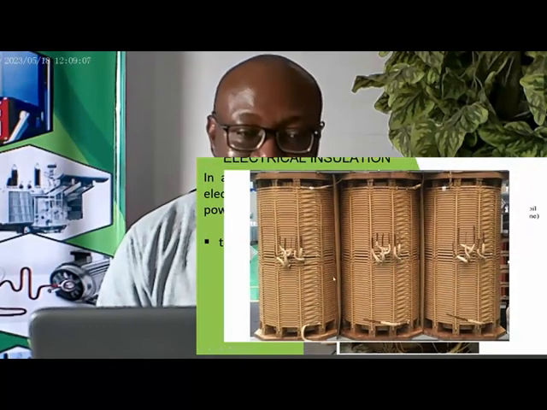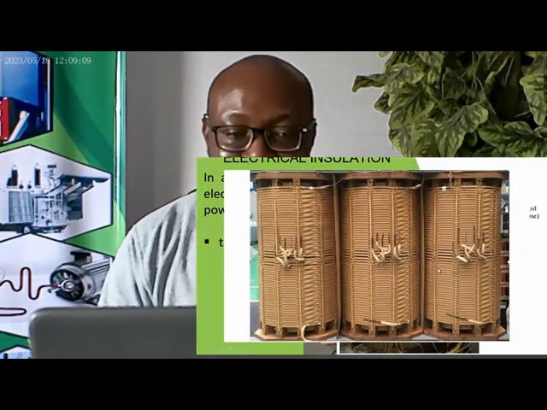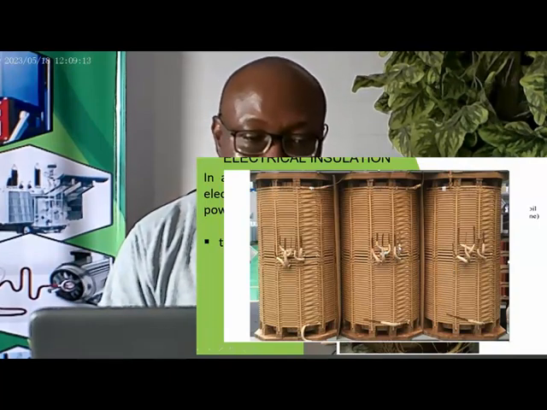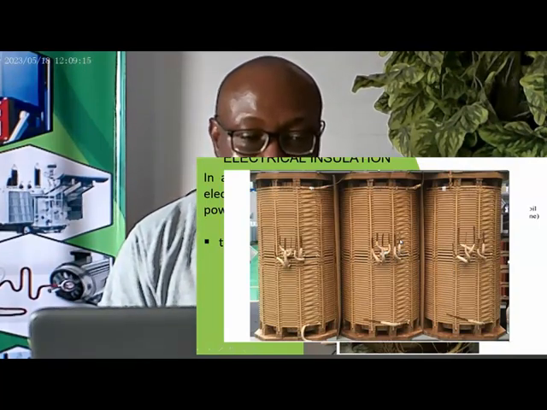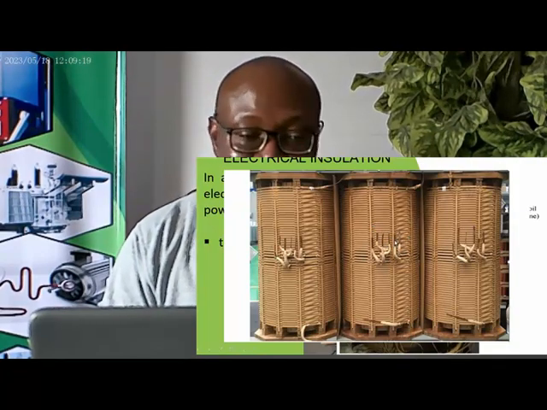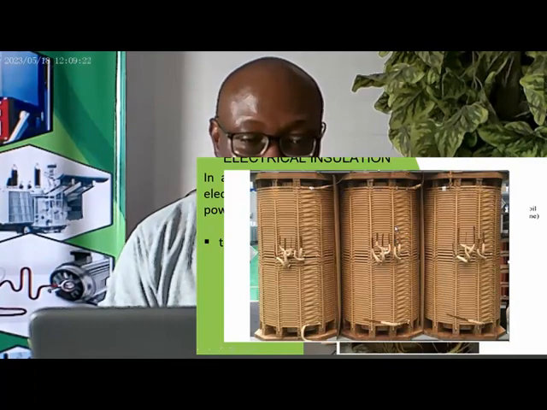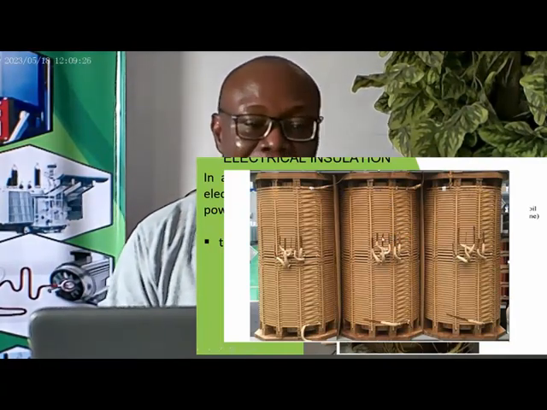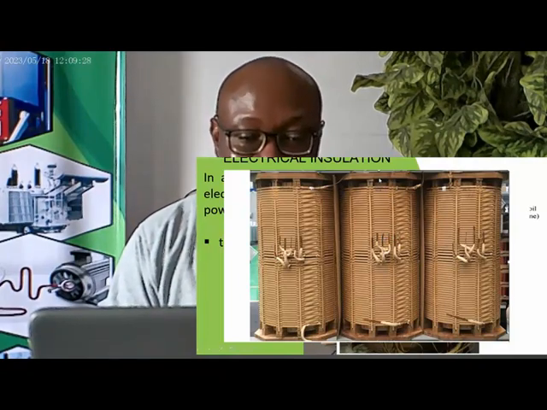So this is the wound transformer windings finally. You see the primary winding and the secondary winding; remember from what we saw, they do not have interaction. So when you test the insulation between these two, you expect it to be very high, because they don't have any interaction.